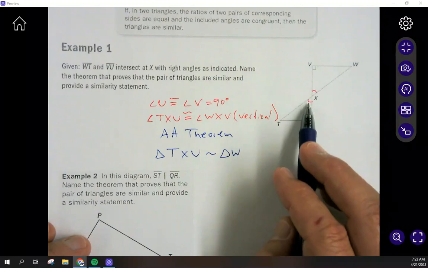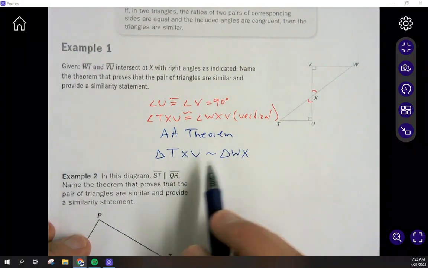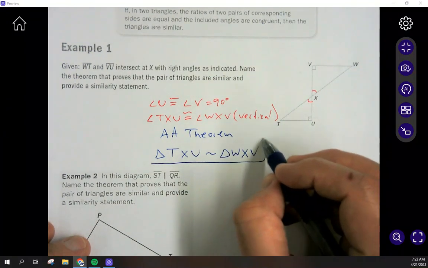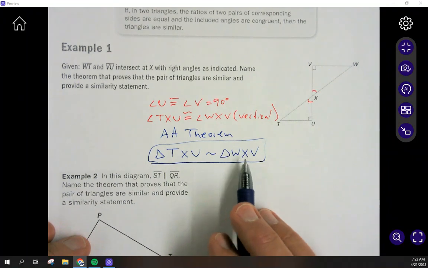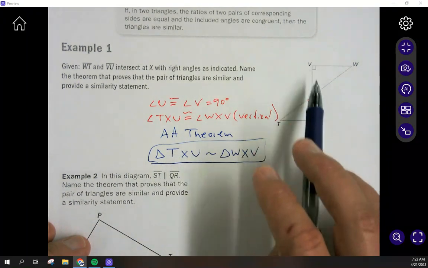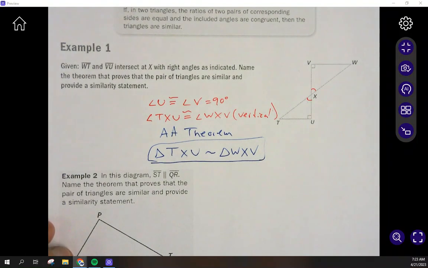X is that equal angle at the middle, so that has to go there. And then the 90s match, so U is going to match V. This is your similarity statement. Triangle TXU is similar to WXV. You can write it differently, but you need to make sure that the vertices that are equal to each other are matched up correctly in your statement.